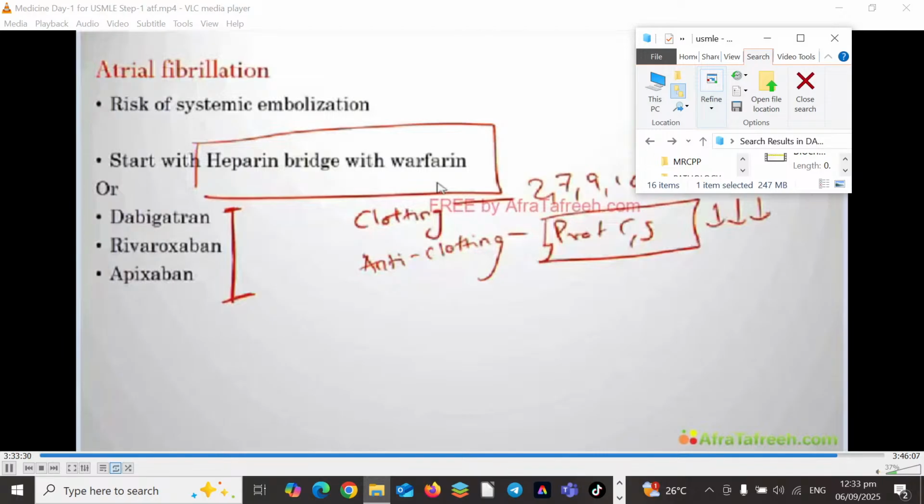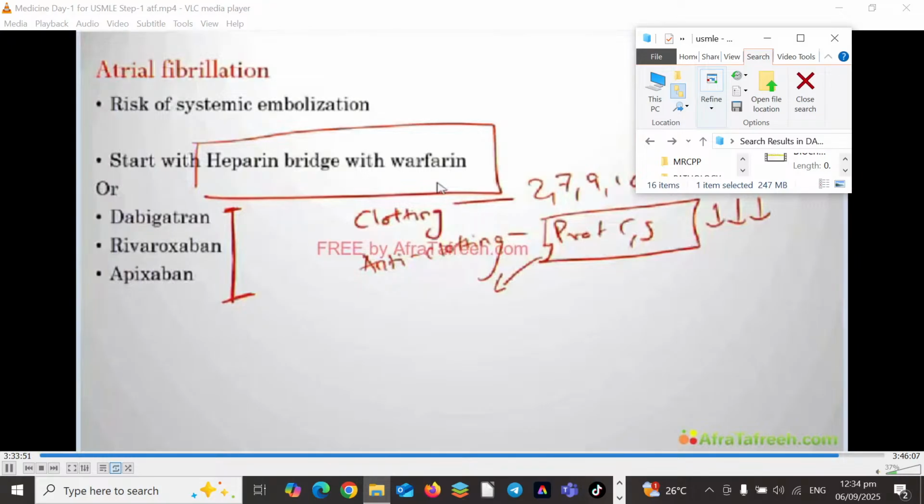So in the initial days of warfarin, it is a procoagulant and not an anticoagulant. In the initial 3 to 4 days of warfarin use, it will act as a procoagulant. And that is why you need a heparin bridge, because you want to tide over that period.